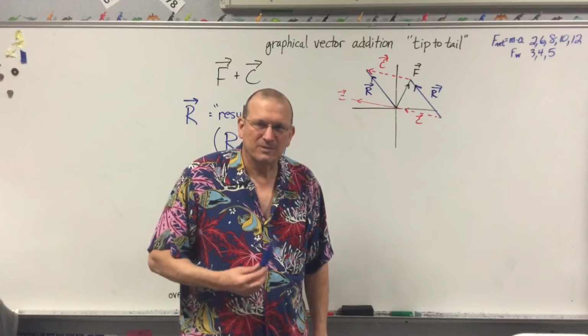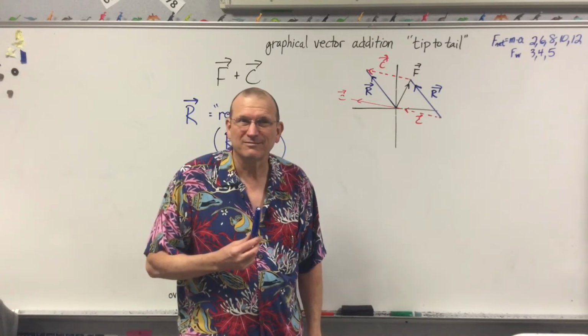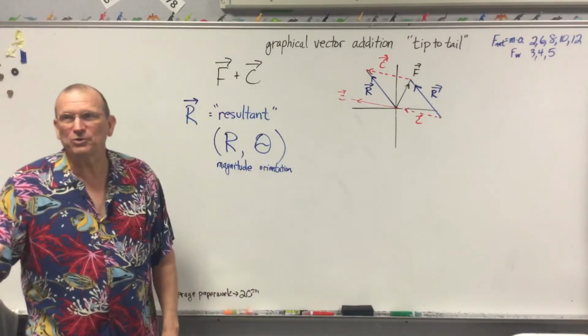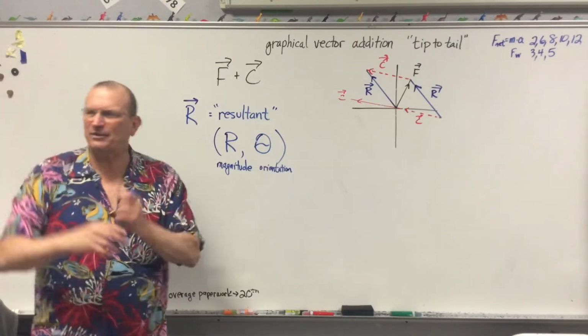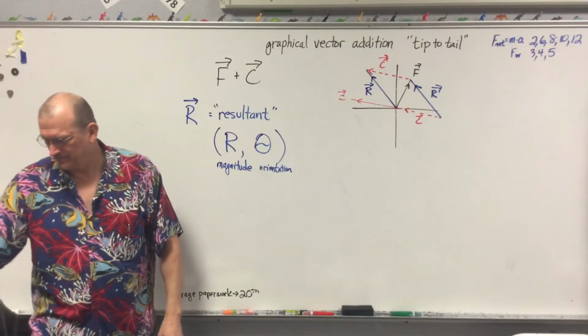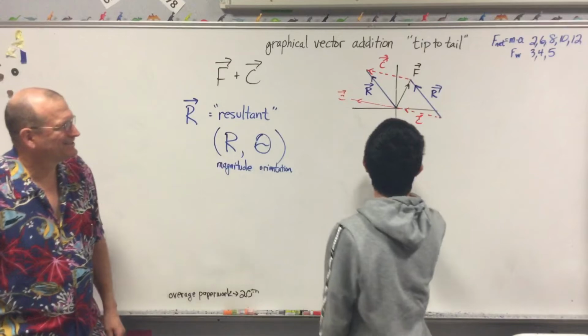If I ask somebody to come up and put the angle in the picture, all right, let's see, Anthony. I want you to just give me the arrow, kind of the angular thing, and label it with theta where you think it belongs in the picture. Be careful, you're on camera. This is pressure.